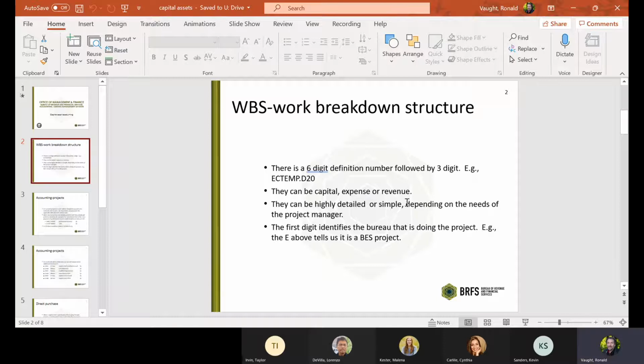So the first letter, like the E in this one, tells you what bureau is doing the project. So the E here stands for BES, so it's an environmental services project.